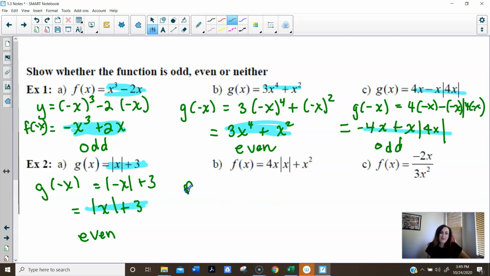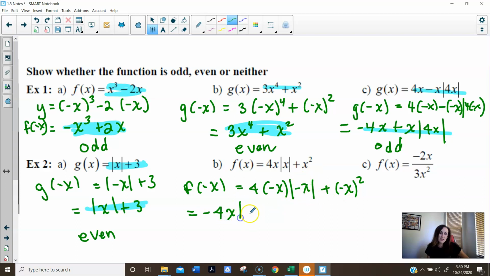So we have f of the opposite of x is equal to 4 times the opposite of x times the absolute value of the opposite of x plus the opposite of x squared. So this is equal to the opposite of 4x. This absolute value will come out the same as just x.